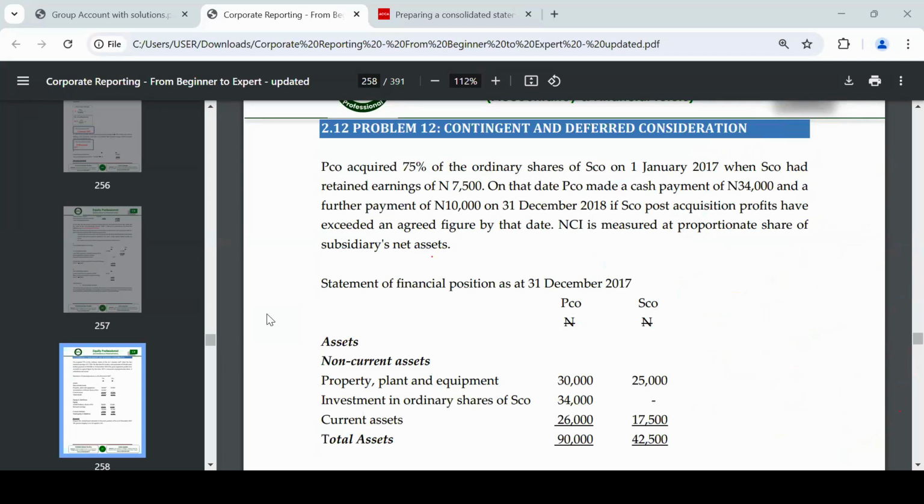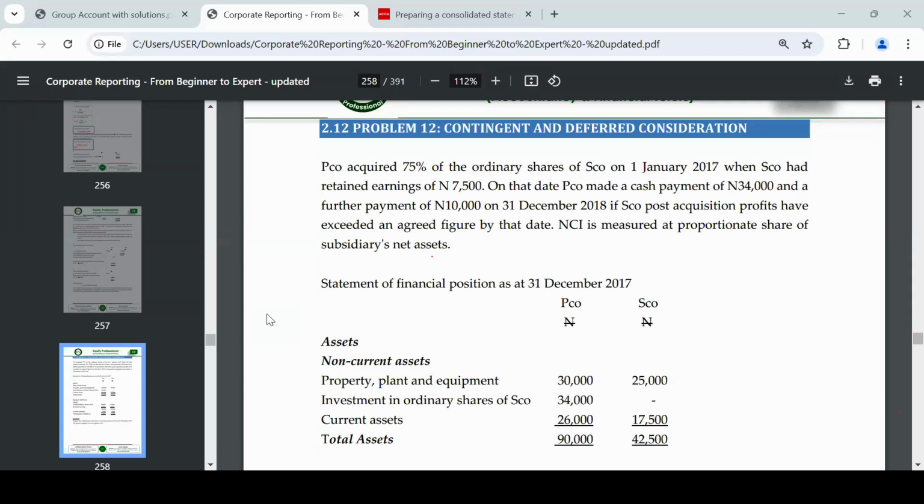Now, on that date, PICO made a cash payment of 34,000 naira and a further payment of 10,000 naira on 31st December 2018 if ESCO post-acquisition profits have exceeded any agreed figure by that date.